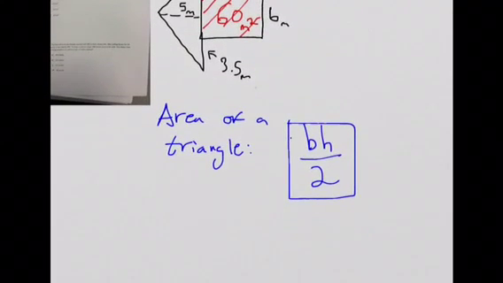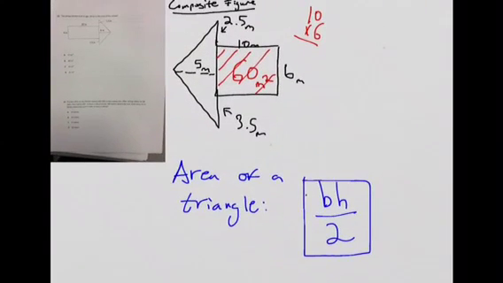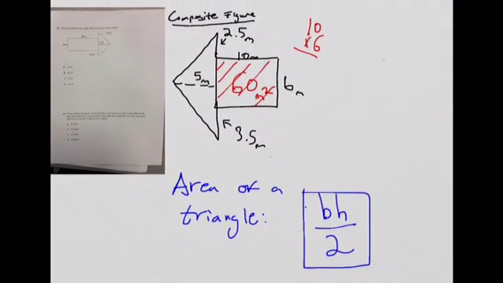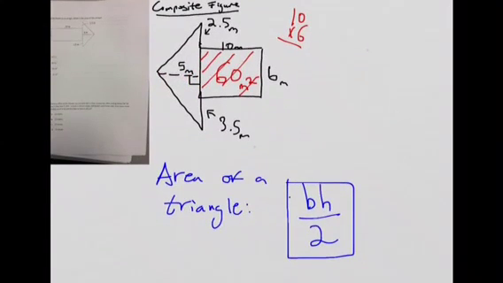Okay. So the base in this triangle is right here. The height is the distance from one tip of the triangle to the base that creates a 90-degree angle here. So I know that this is the base and this is the height.